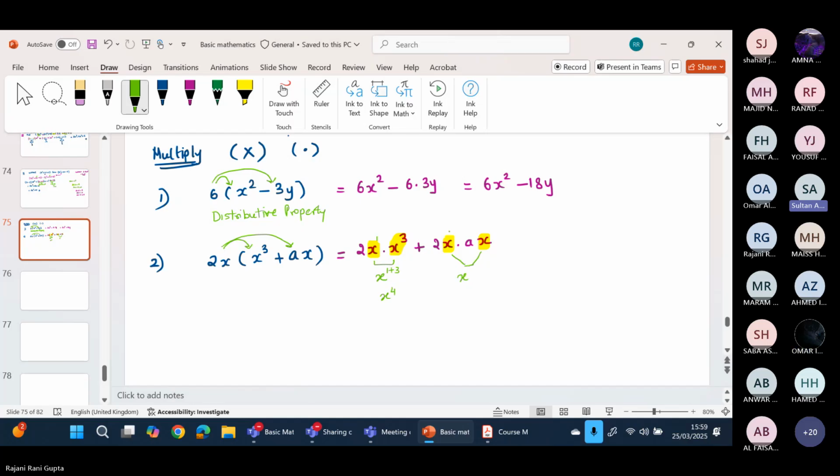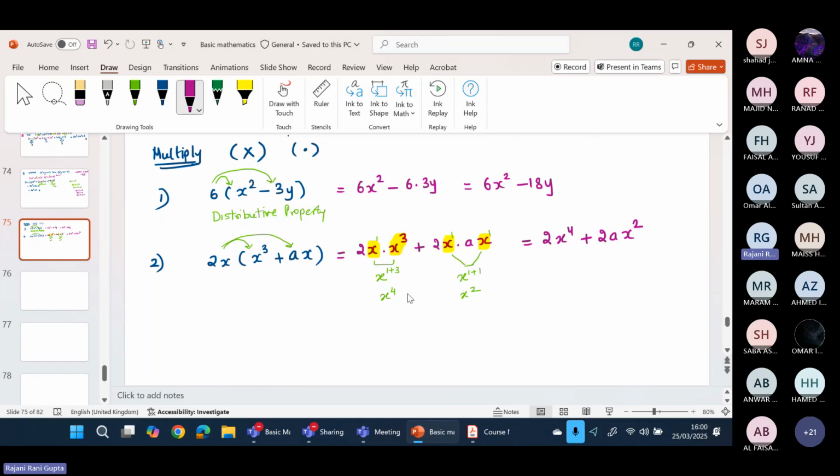Good, correct. 1 plus 1, that is x power 2. So, your final answer will be 2x power 4 plus 2. Don't forget this a x power 2. Okay, clear?